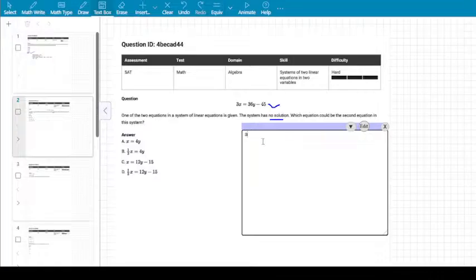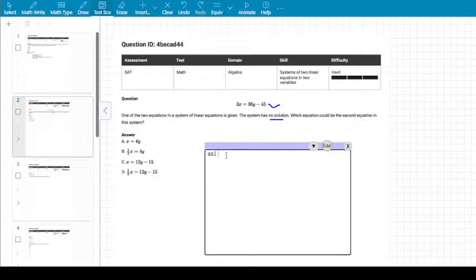So suppose we have a system of linear equations where the first equation is of the form a1x plus b1y plus c1 equal to 0, and the second equation is of the form a2x plus b2y plus c2 equal to 0.